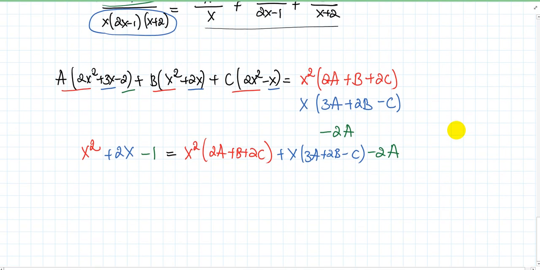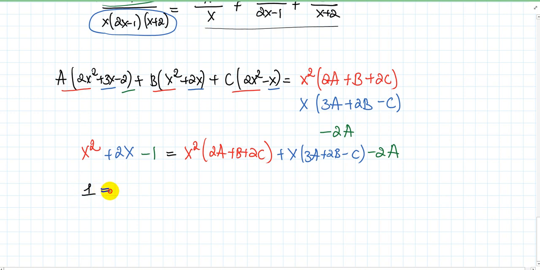So we, again, say that the two polynomials are the same if the coefficients of these polynomials are the same, right? So what is the coefficient in front of the x squared on the left-hand side? Just 1. In front of the x squared, 1, right?